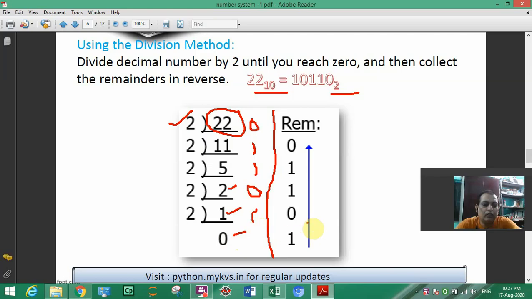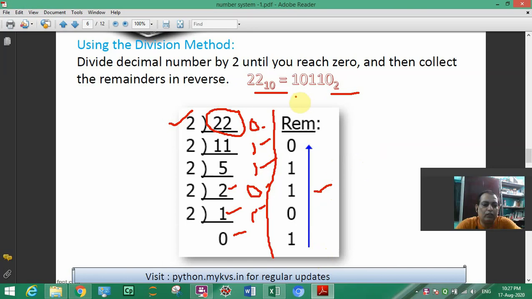Okay, so you can see here all remainders are written. I have also written 0 1 1 0 1, and you have to write this number from bottom to top. You can see here the arrow indicating you start from the bottom and go up to the top.